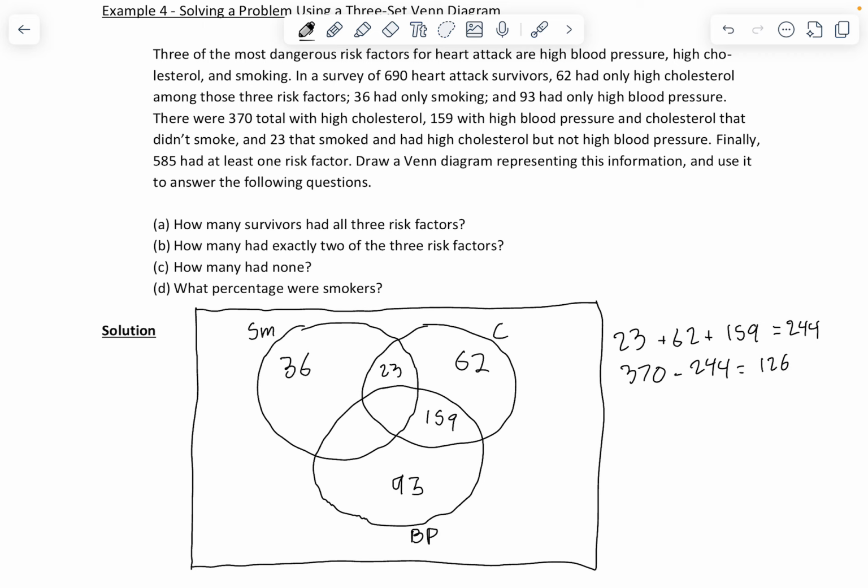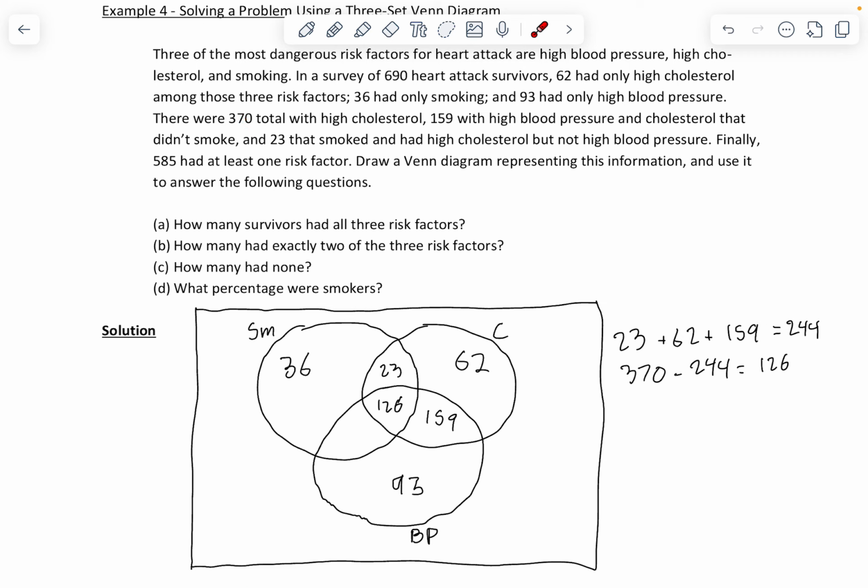So now I can put 126 in here. And notice that the sum of all the numbers inside the circle labeled C now add up to 370, to match that number.